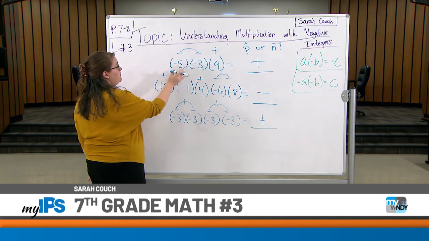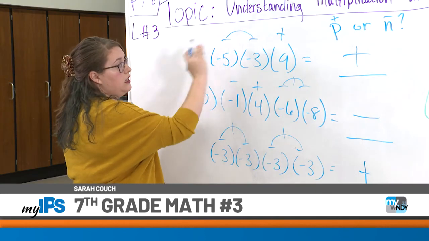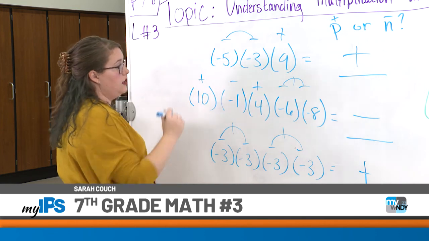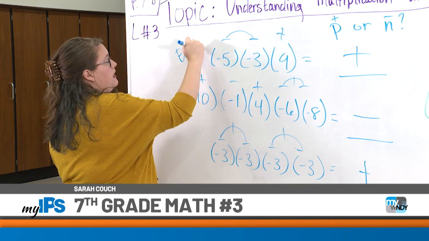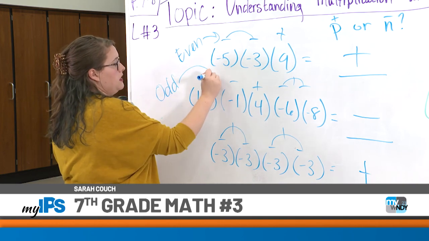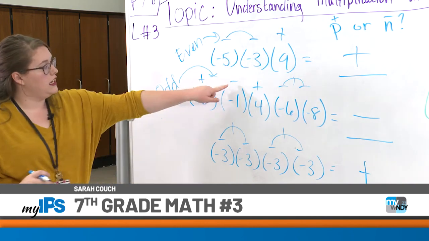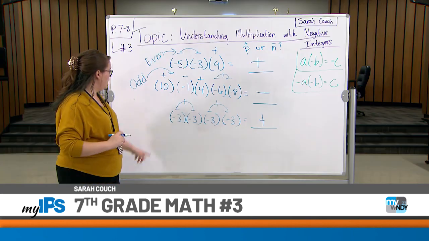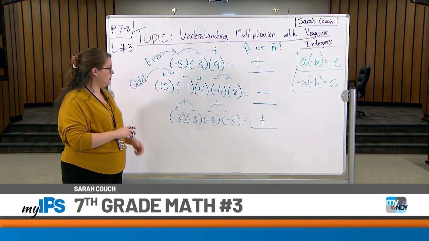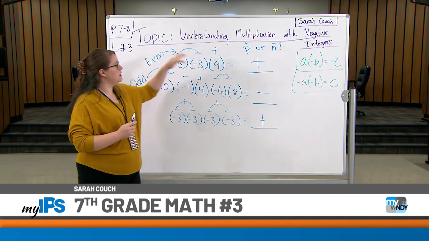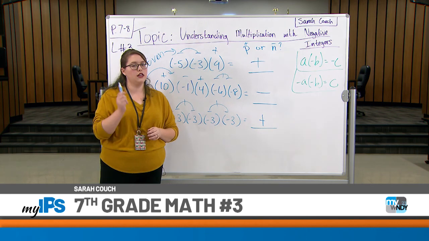So if we have an even number of negative numbers in our math sentence, we know it's going to be positive, right? Even. And this is odd, right? We have this lonely guy hanging out right here. He cannot pair up with somebody, therefore we're resulting in a negative answer. And then right here, 2 sets of 2, even, positive. So let's go ahead and utilize this knowledge to help you complete page number 7.